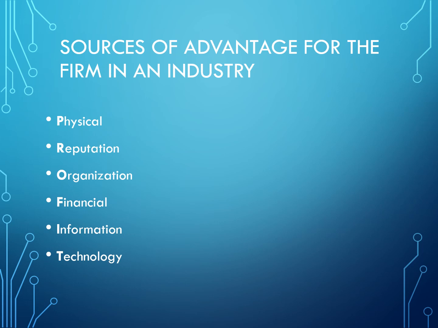There might be a financial advantage for the firm in an industry. A financial advantage might come from the parent company's resources, or it might come from a number of decisions that had been made previously. During the pandemic, a number of firms had to go back in and try to raise more capital at a time when it was difficult to raise capital.